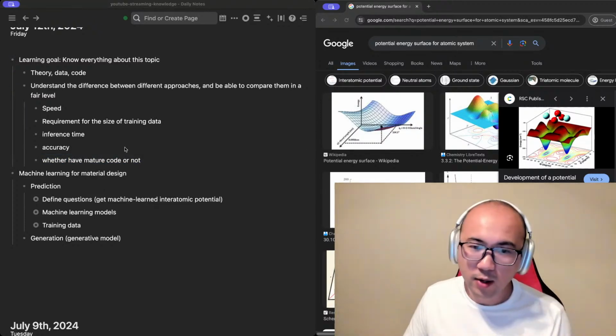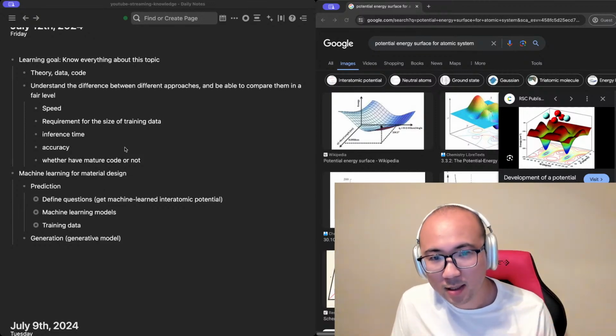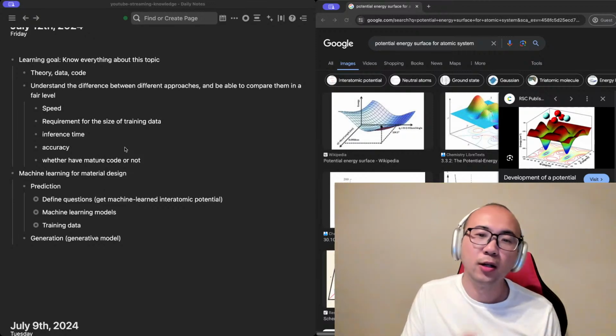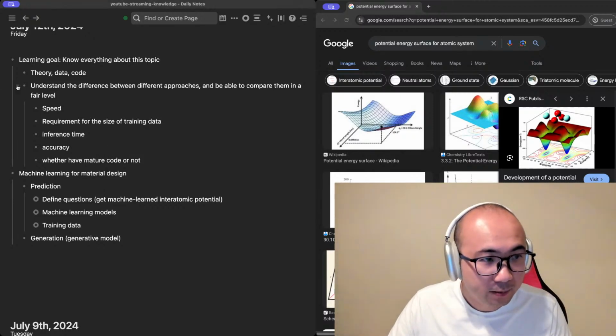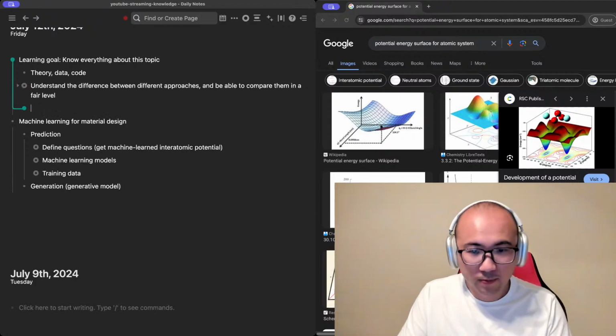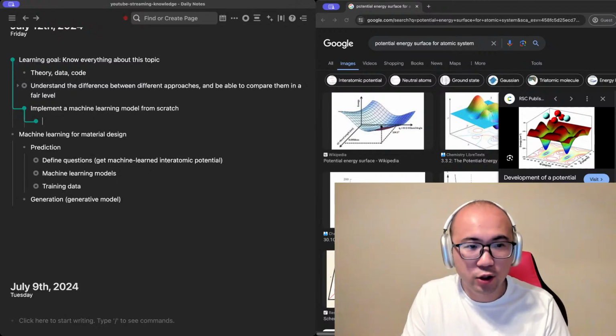Along this way, we will also learn something very exciting. For example, if I have a machine learning model, how do I implement it from scratch?